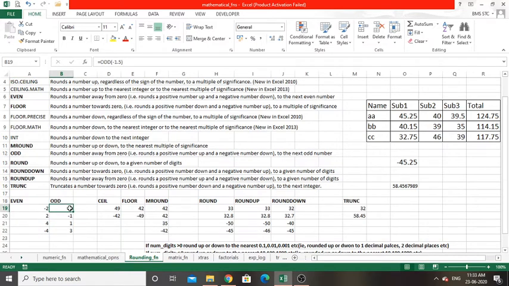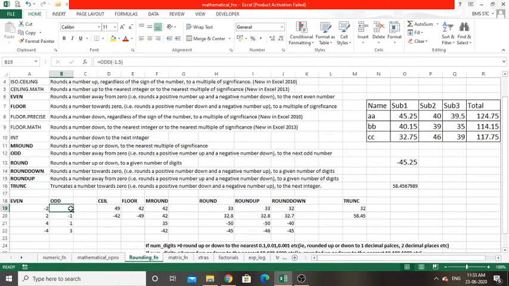Next is the odd function, which is similar to the even function, but instead of taking the next even number, it will take the adjacent odd number, either positively up or negatively down. And here we have the example, odd of minus 1.5. Since the number is 1.5 and it is a negative number, it will consider the negatively down adjacent odd number.